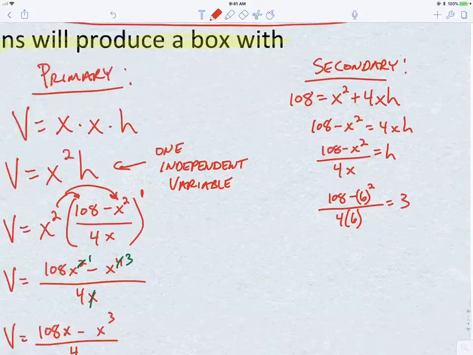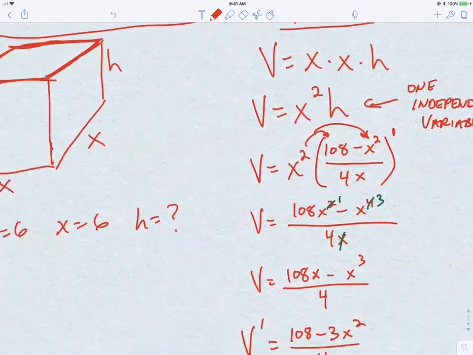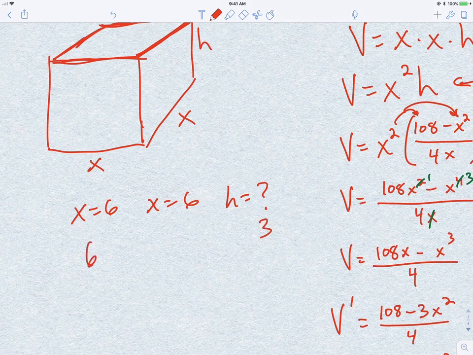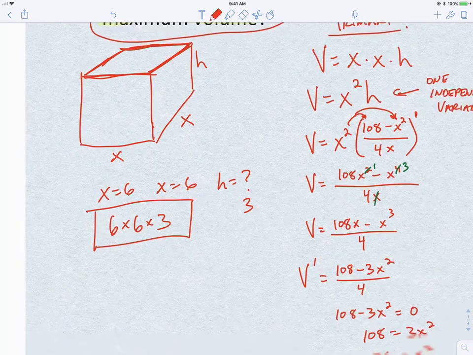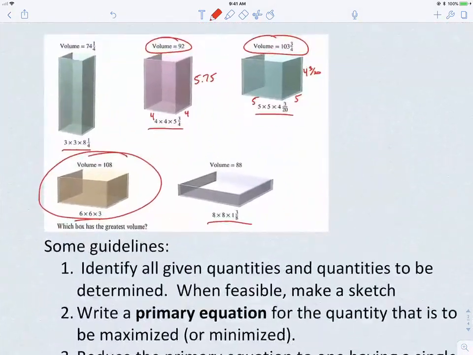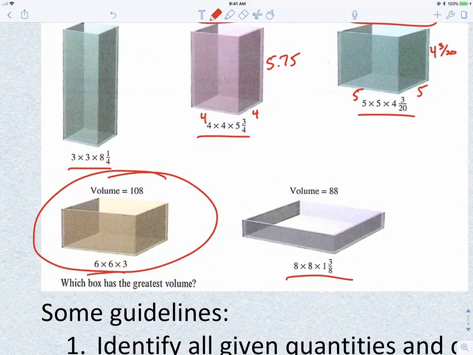That works out to be 3. So h is 3. So the dimensions are 6 by 6 by 3. And that happened to be the box that we saw on the other page. So that was the winner, even out of all the boxes that we don't see here.